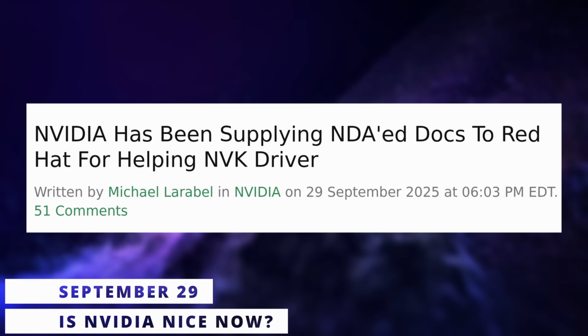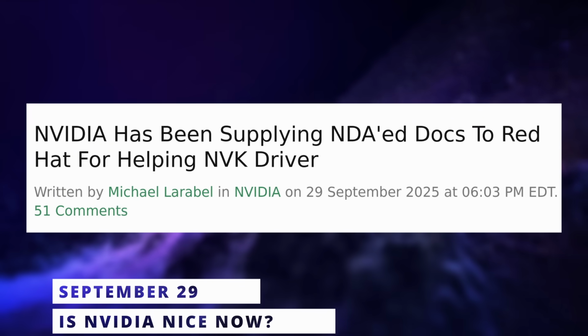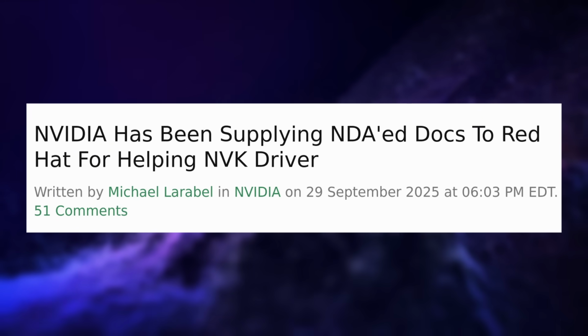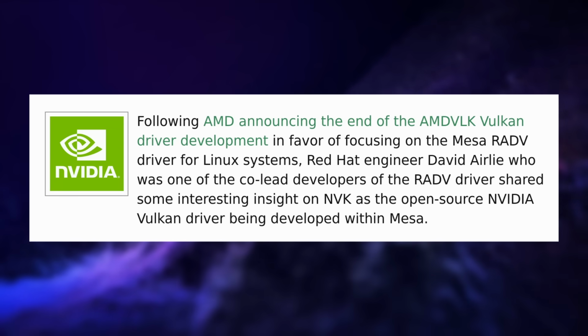Now, the Linus Torvalds flipping off Nvidia meme might be dead and buried, because apparently Nvidia has been supplying documents under NDAs to the NVK developers at Red Hat so they can keep making solid progress on that open source user space driver.